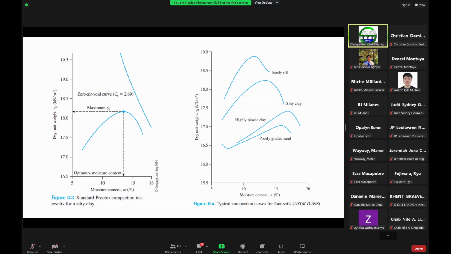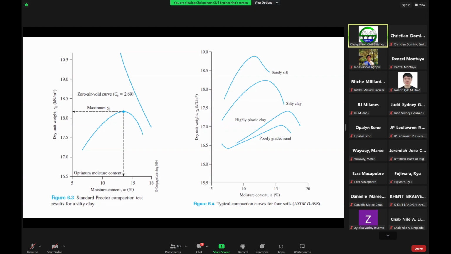All the material is just comprised of the solids and water. If you plot that curve, that will give you this one, for a particular specific gravity of a material. In this case, this line is for a specific gravity of 2.69. Then this curve here must not exceed this line, otherwise that would be an error in your test.